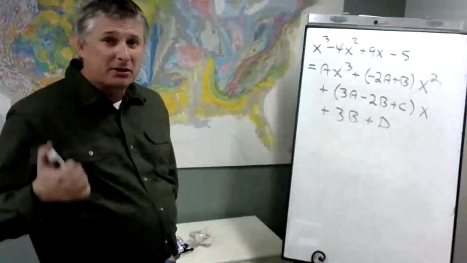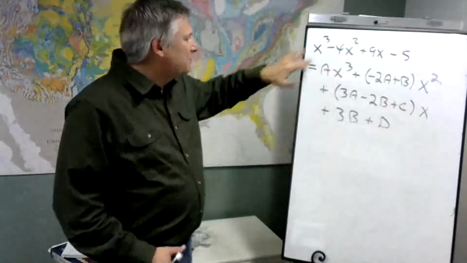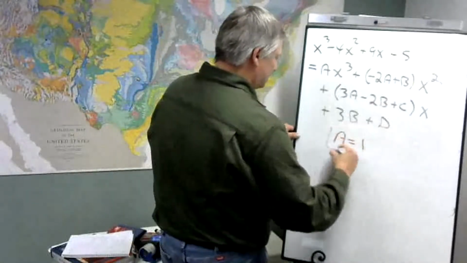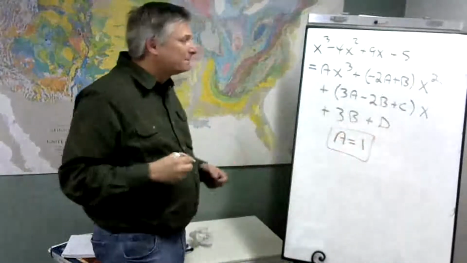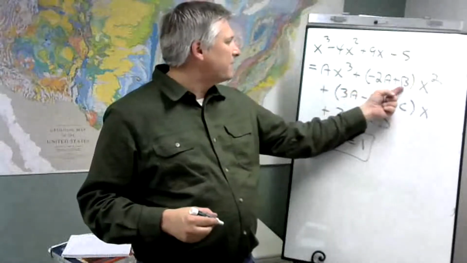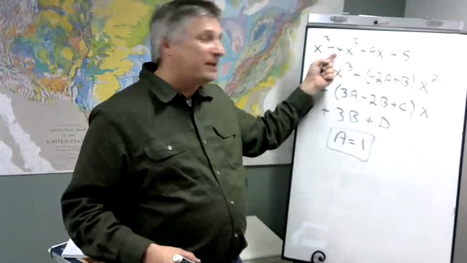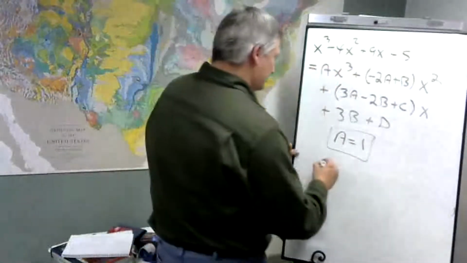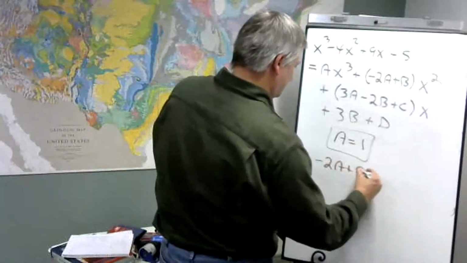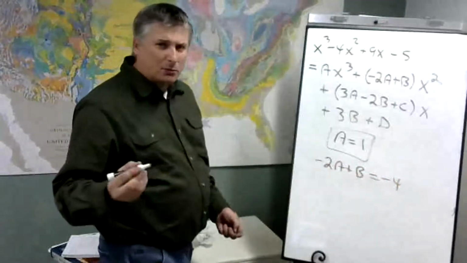So now I want to compare terms. Well, we have an ax³ and an x³. Well, this means a has to equal 1. Well, there we go. And then we have a minus 2a plus b for the x² here. That's got to be equal to the minus 4 for the x² there. Now we know a equals 1.